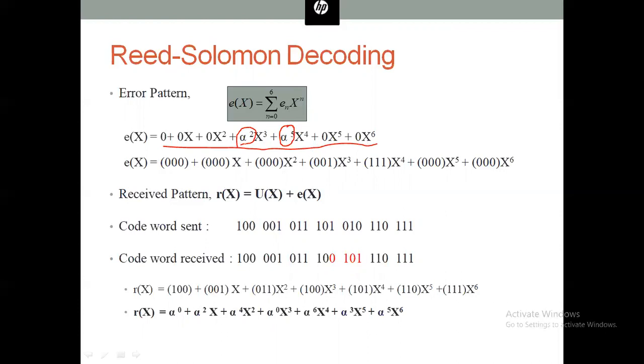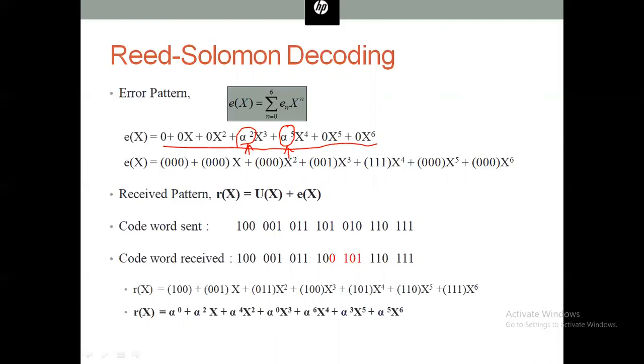So first we need to find the correct value of this in the code word, and we need to find the location of this.